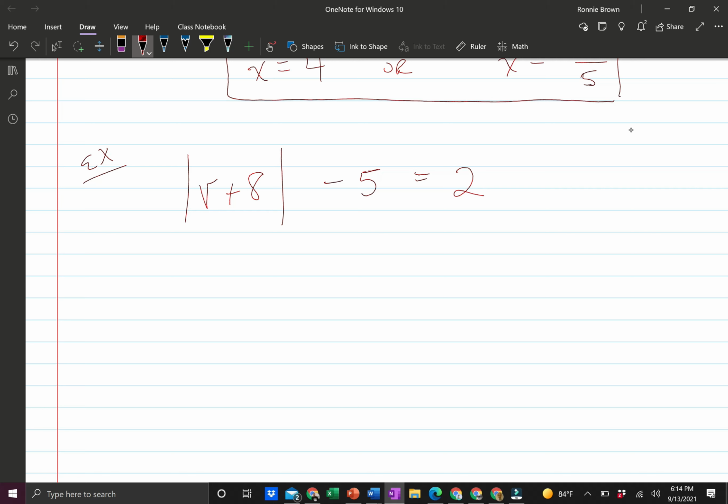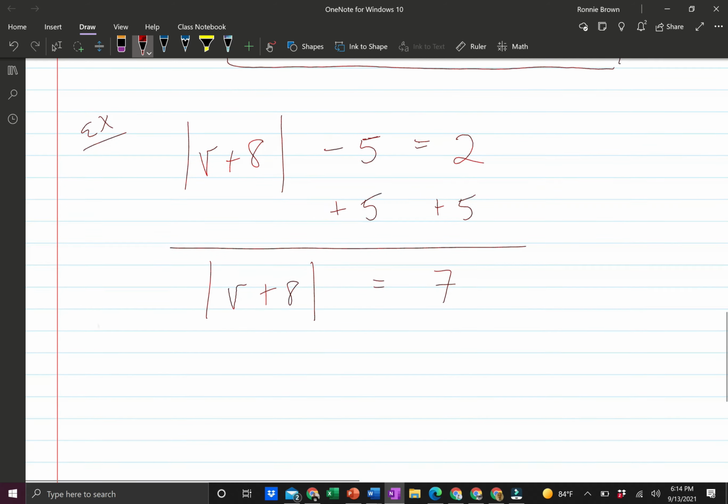We see this negative 5. We can't have anything in front of or after the absolute value symbol in order to perform what we've been doing. We need to move this negative 5 over. So we do its opposite. We add 5 to both sides. Once we do that, we have the absolute value of v plus 8 is equal to 7.